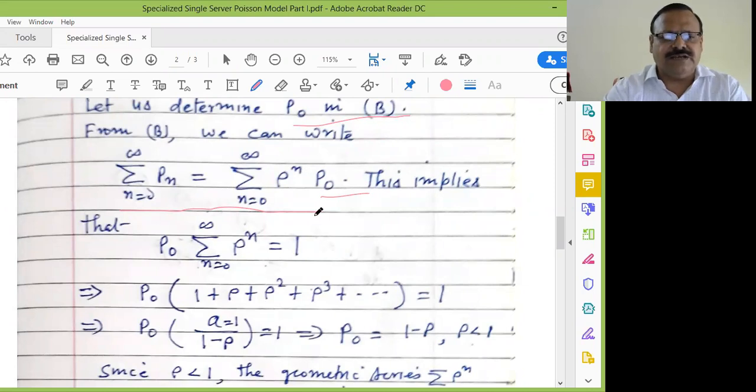This implies that P naught is taken outside, and the sum of rho to the power n, since this is a total probability, is equal to 1. It has no problem if you want to put it this way, but it is written in another way.